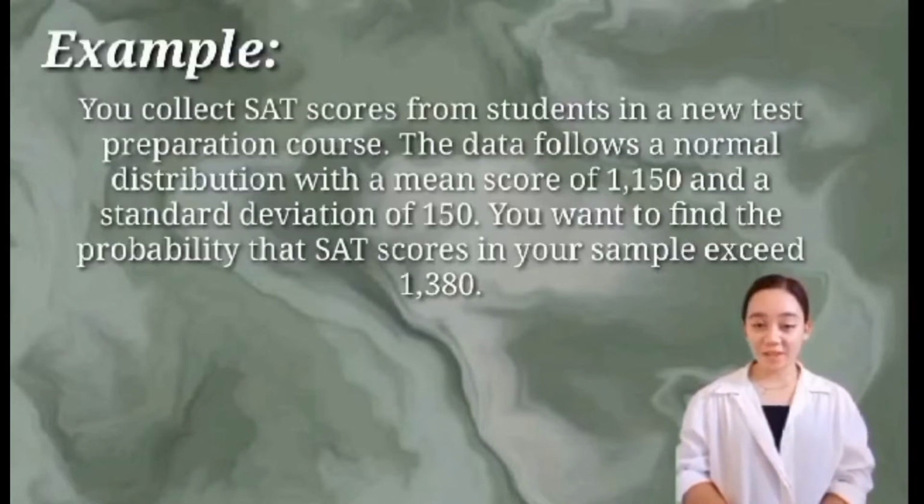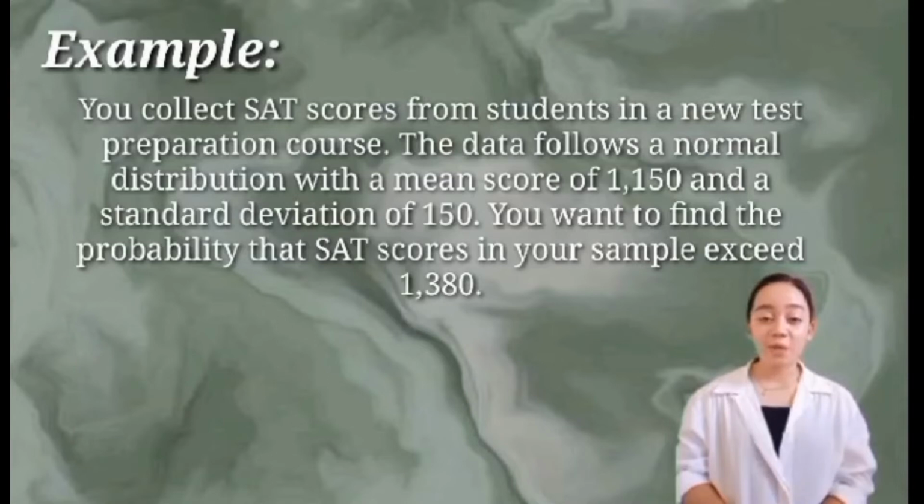Here, I will give you an example for further understanding. Example: you collect SAT scores from students in a new test preparation course. The data follows a normal distribution with a mean score of 1,150 and a standard deviation of 150.